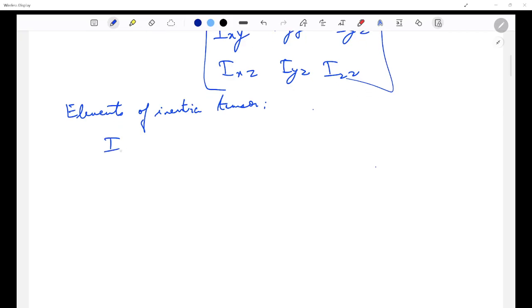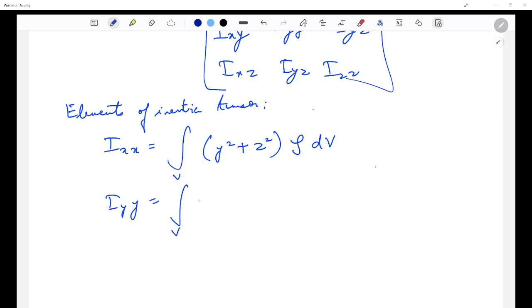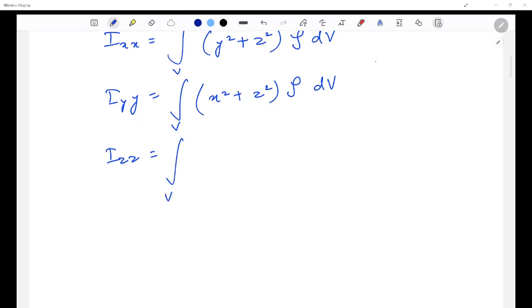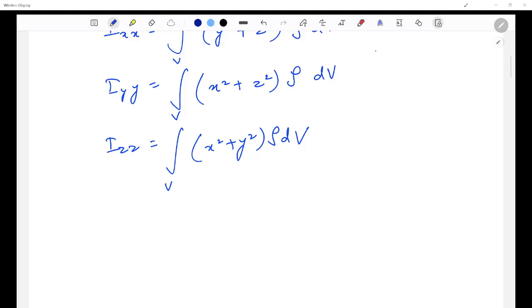So your Ixx is the integral of (y square plus z square) rho dV, Iyy is the integral of (x square plus z square) rho dV, and Izz is the integral of (x square plus y square) rho dV. So these are the moments of inertia.